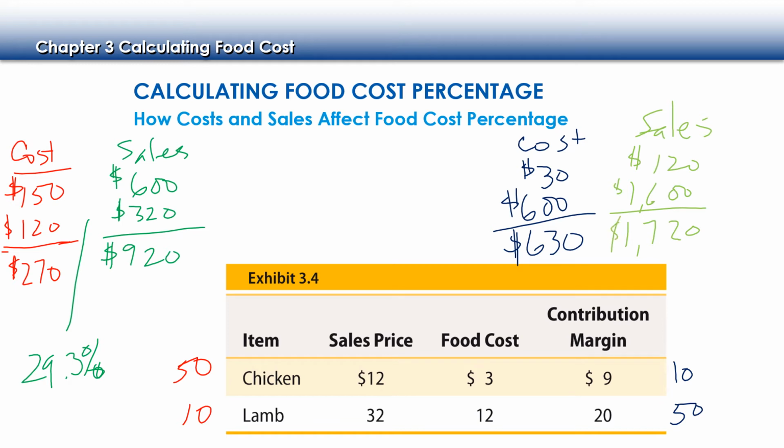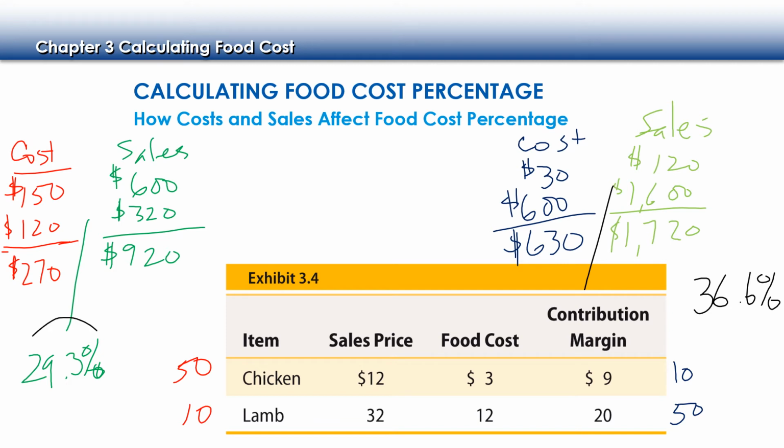Okay? If we divide those two numbers, 630 divided by 1720, then we actually get a 36.6% food cost. Okay, because we sold items that had a much higher food cost percentage. We sold more of them.